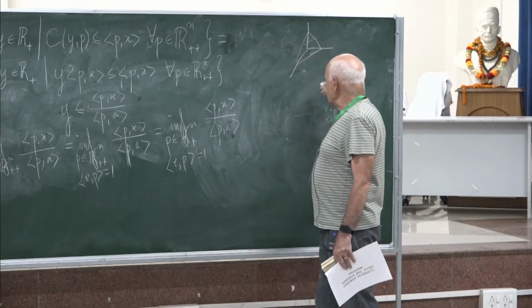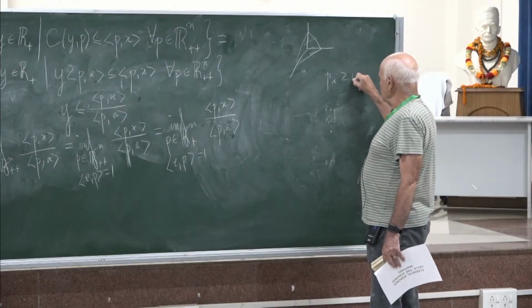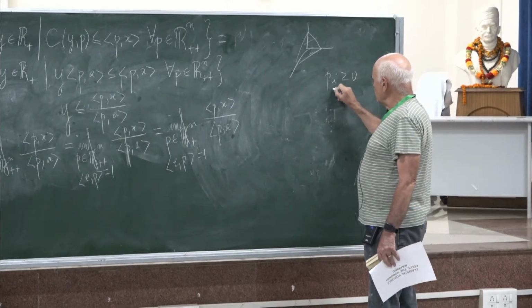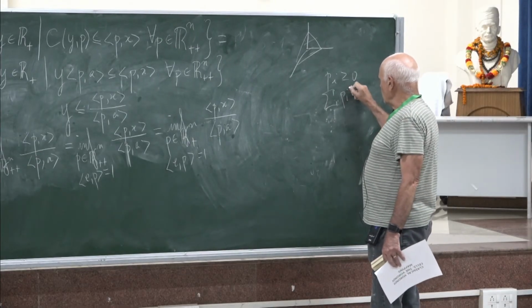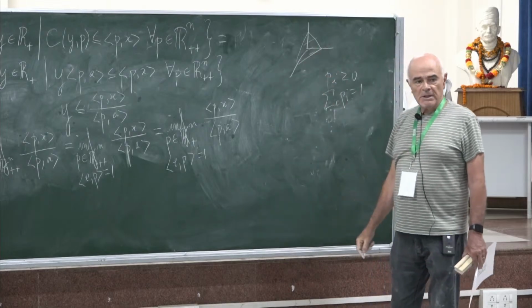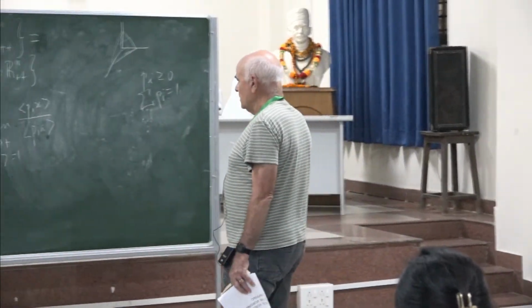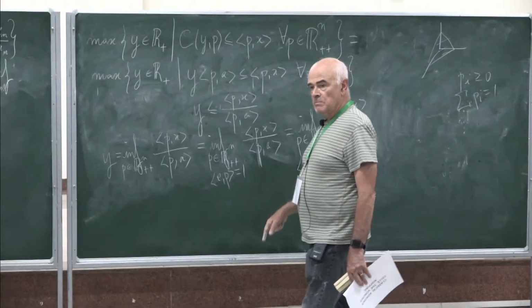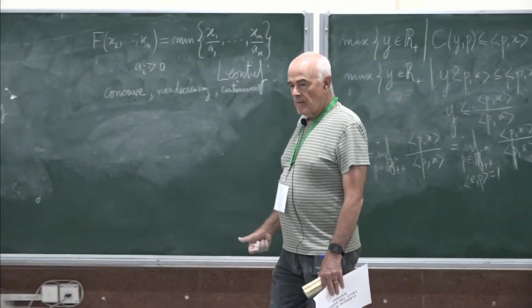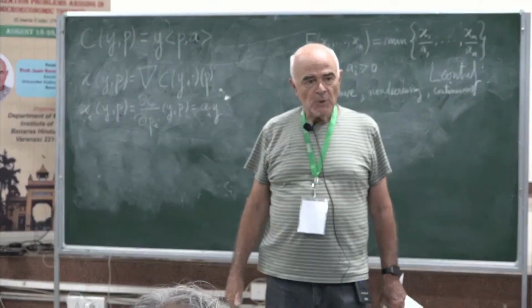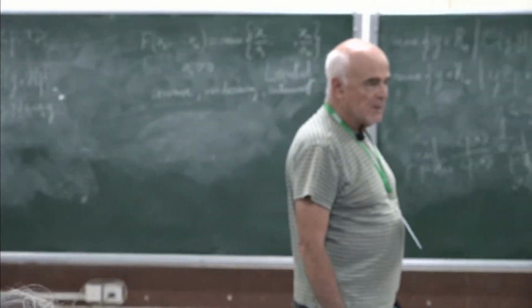So the constraints are P sub i non-negative and the sum of P_i equals 1. This is a set of this type. This is a polytope. Actually, the infimum is a minimum because it's compact and the objective function is continuous.